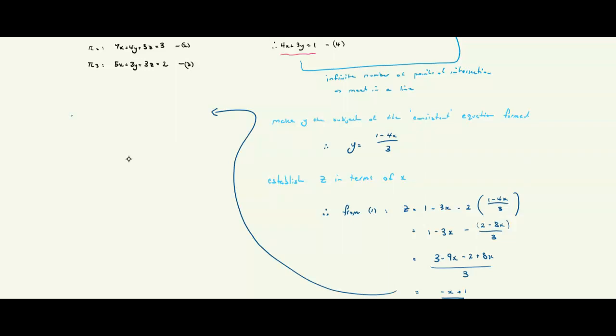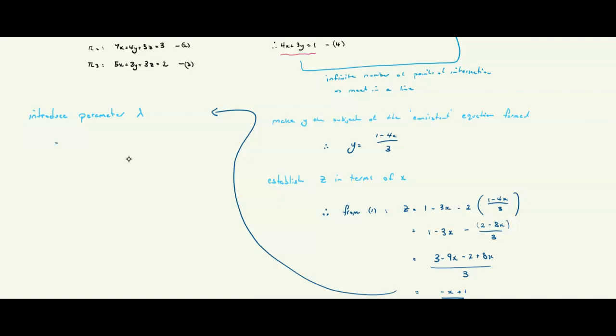My third step now is to introduce a parameter, lambda, for instance, which seems to be popular. This is so that I can write my line equation as my parametric equation. So I'm going to get my x, y, z parametric equations for my line of intersection.